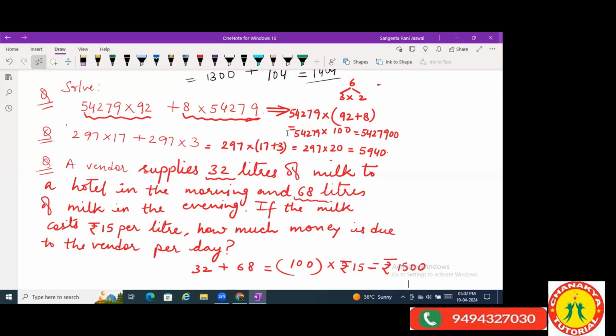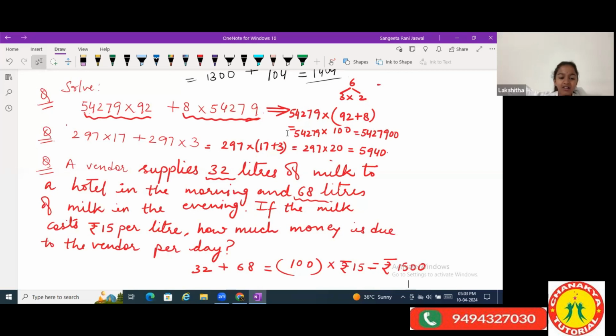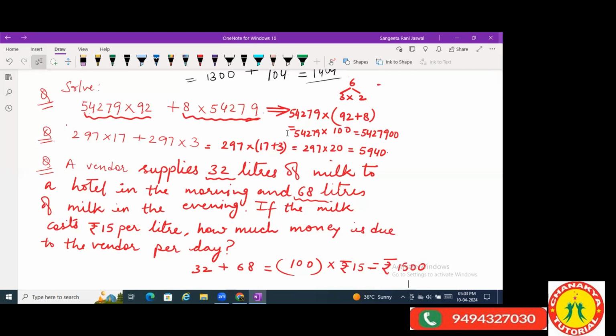So we'll take integers now. Right, children? Shall we take integers? Ma'am, I thought of geometry. You want to take geometry first? Yes, ma'am. I love geometry.